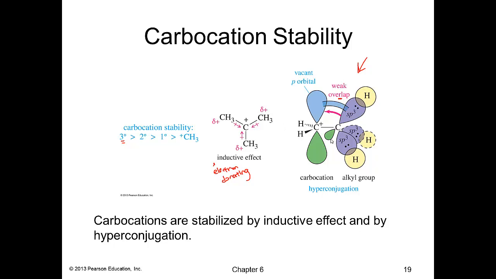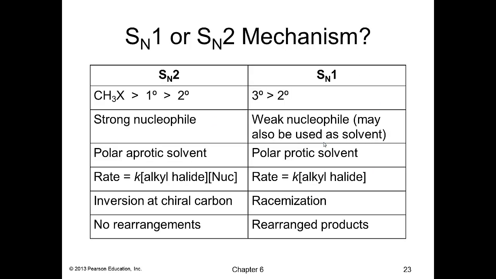The small loop over here is what you have studied in the SN2 mechanism reaction, where the nucleophile can do an overlap. Okay, so this is a quick summary.